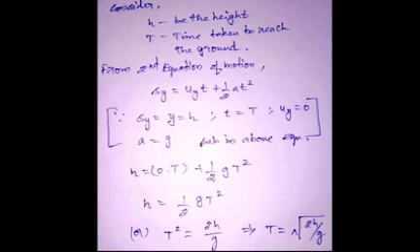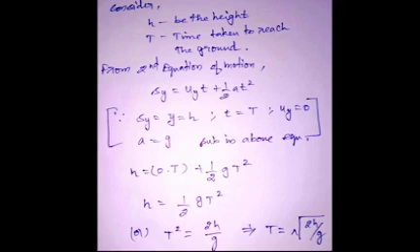Consider the object at height h, and the time taken to reach the ground is capital T. We calculate the time using the second equation of motion, s equal to ut plus half at square. For the y direction, s of y equal to u of y into t plus half at square.